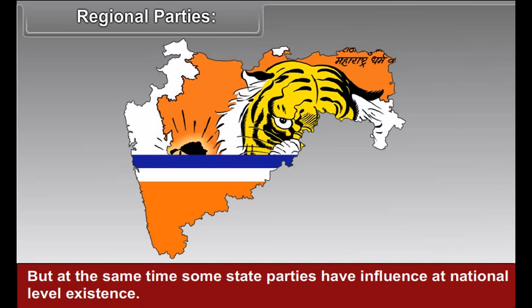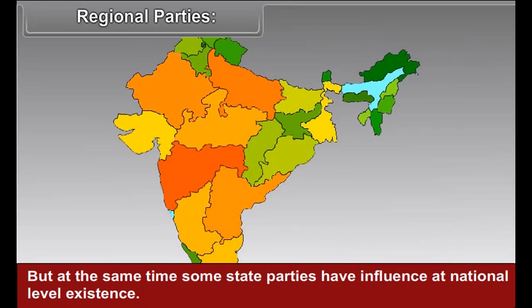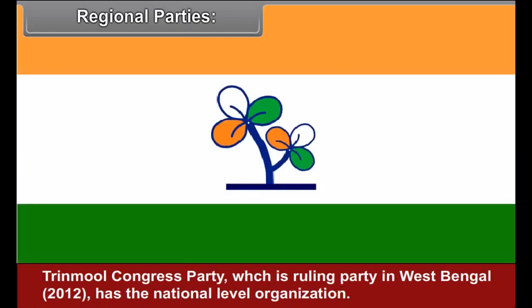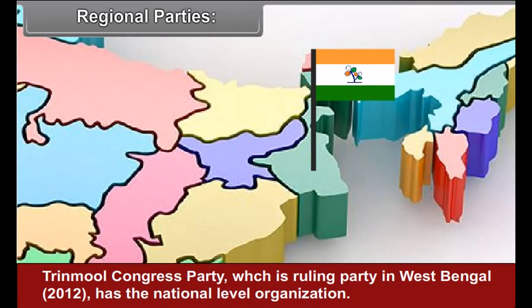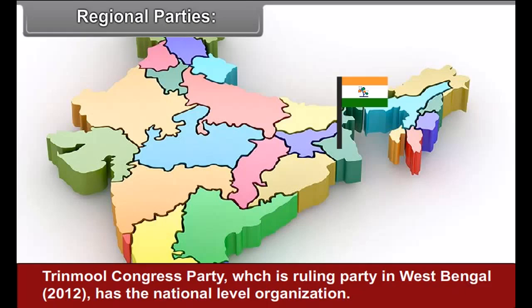But at the same time, some state parties have influence at the national level. Trinamool Congress Party, which is a ruling party in West Bengal, that is in 2012, has a national level organization.